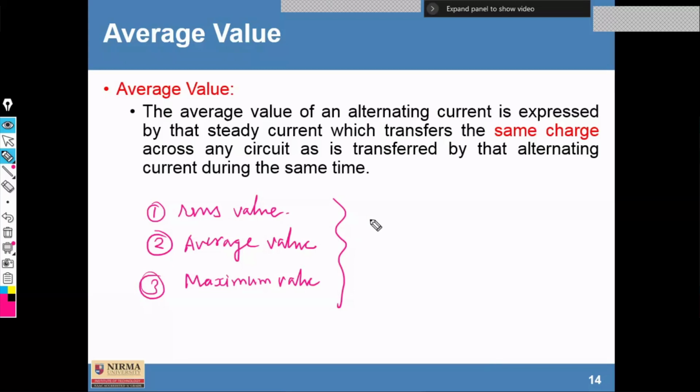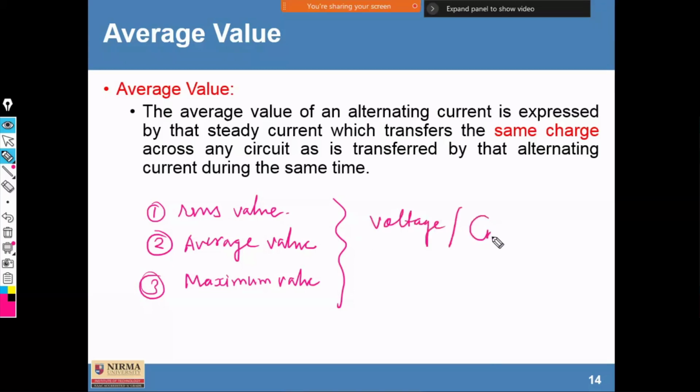Instantaneous quantities may be a voltage or maybe a current. Fine. So we can say RMS value of voltage, RMS value of current, average value of voltage, average value of current, maximum value of voltage, and maximum value of current.